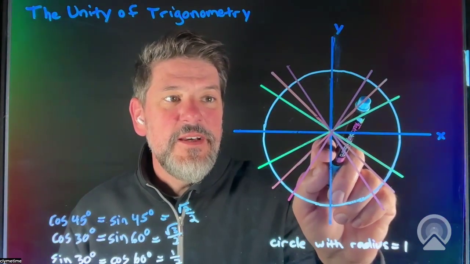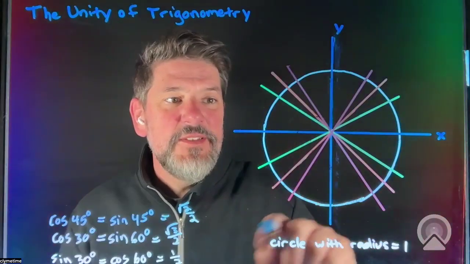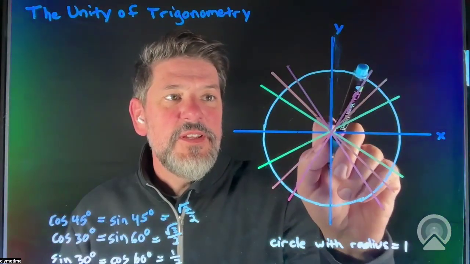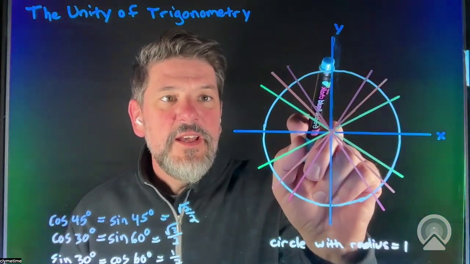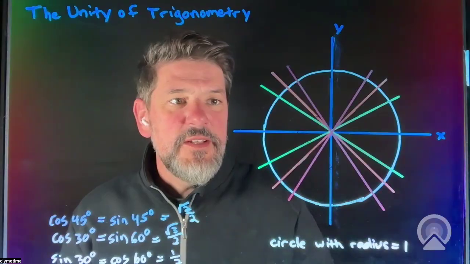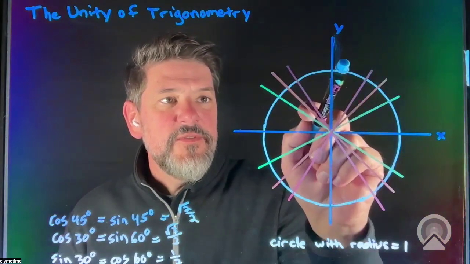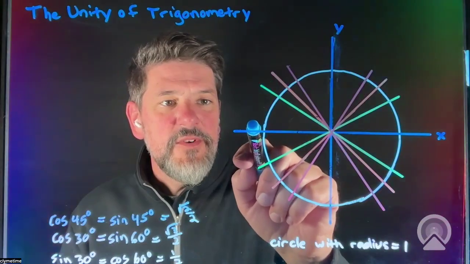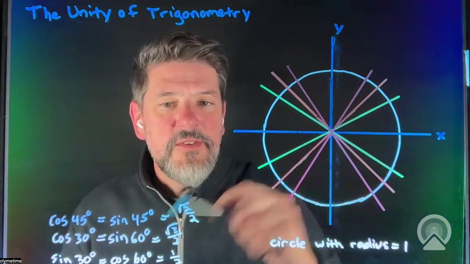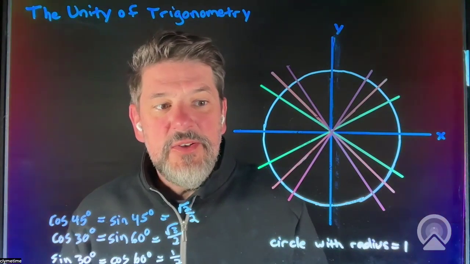These are the angles that are special that we care about: 30, 60, 90, and then add another 30, add another 60, add another 90, and so forth. And these are the 45 degrees: 45, 90, another 45, and so forth. So this is called the unit circle.